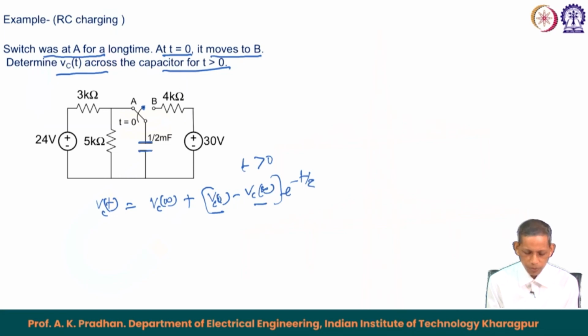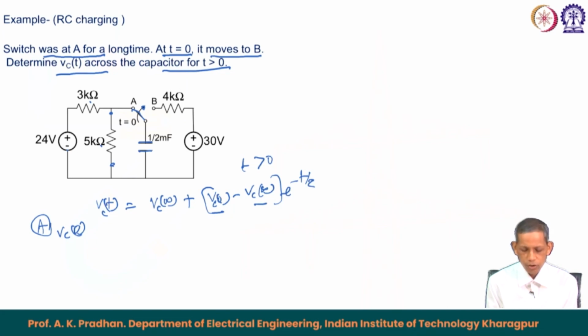So for VC(0), this is the corresponding circuit. Here we see a 24 volt source, 3 kilo ohm, 5 kilo ohm, and the circuit is closed like this. The half millifarad capacitor is connected across the 5 kilo ohm.